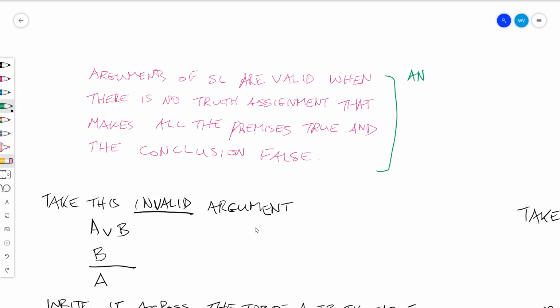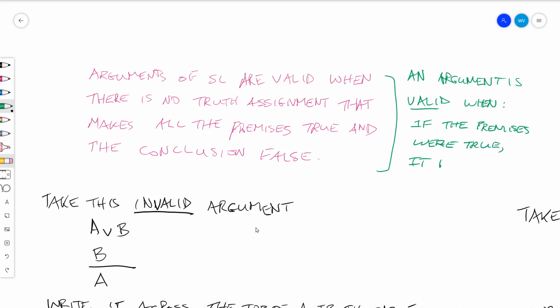An argument is valid when, if the premises were true, it would be impossible for the conclusion to be false.